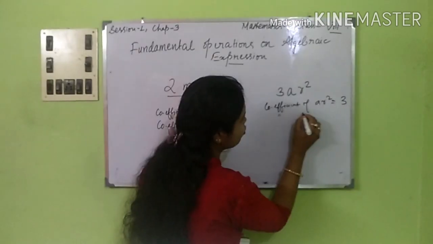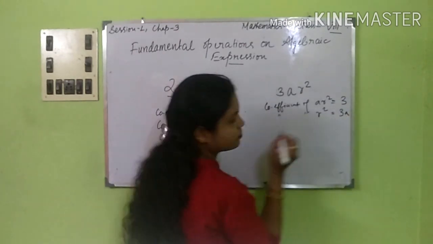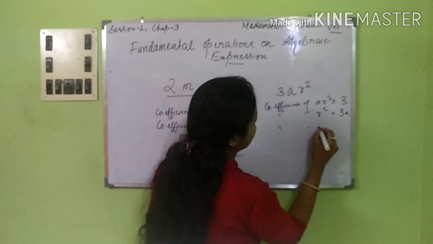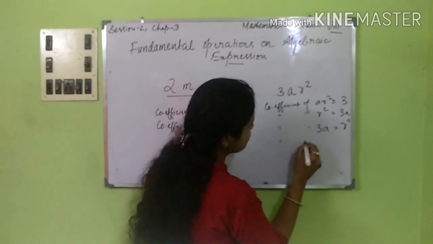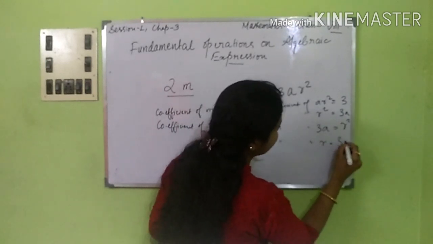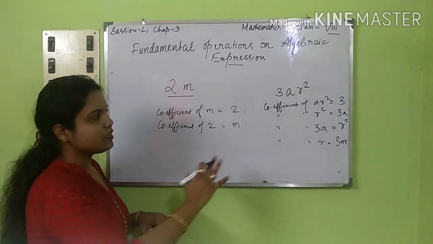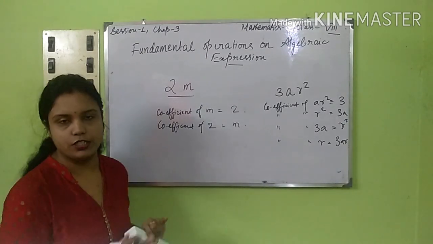If I ask what is the coefficient of r square, it is 3a. If I ask what is the coefficient of 3a, it is r square. If I ask what is the coefficient of r, it is 3ar. With these two examples, I think the concept of coefficient is clear.